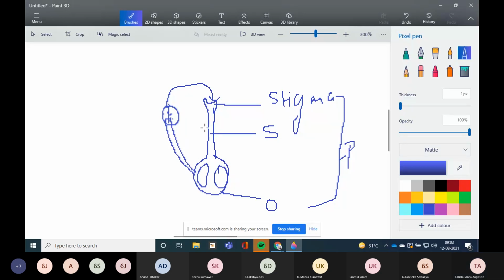Also, when the stigma receives the pollen grains, they stick on the stigma and then move inwards. So the style is basically also a pathway for the pollen grains to reach the ovary. Are you getting my point? Yes, ma'am. So through the style, the pollen grains which have come and sat on the stigma will enter the style.